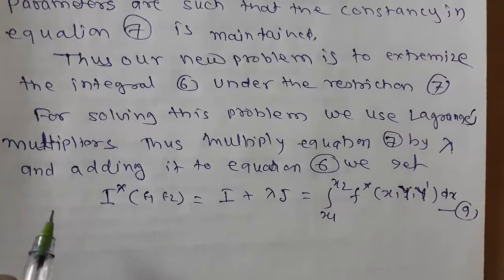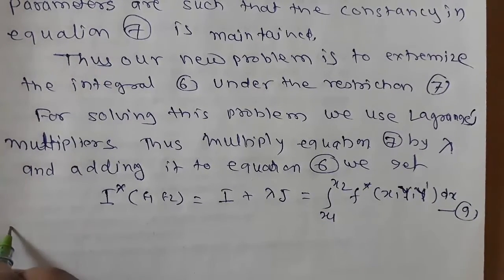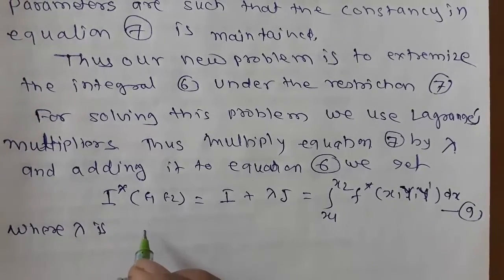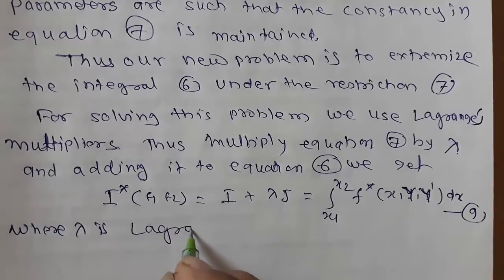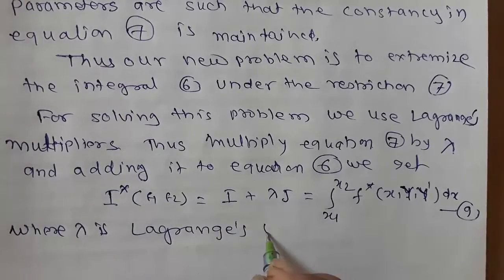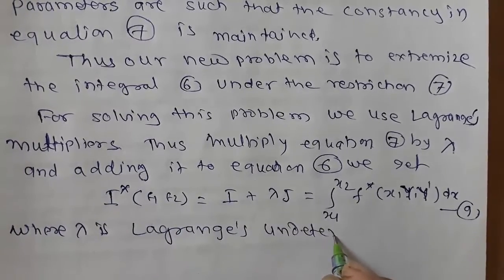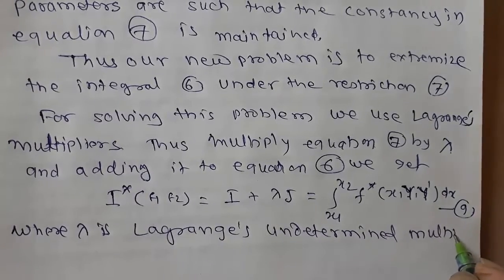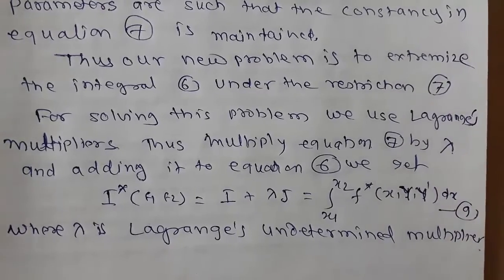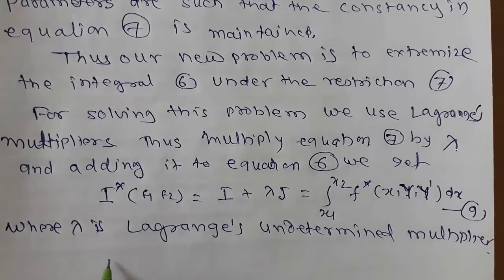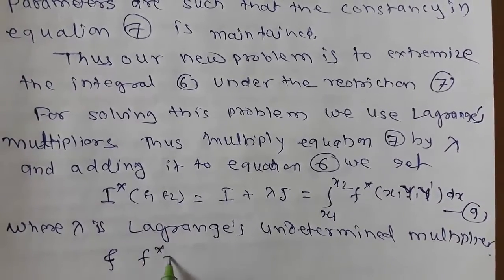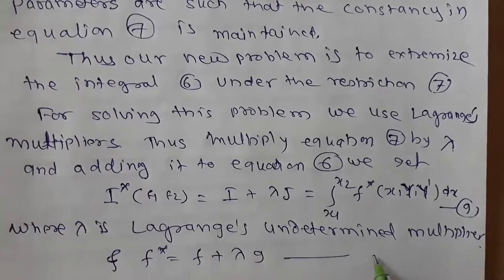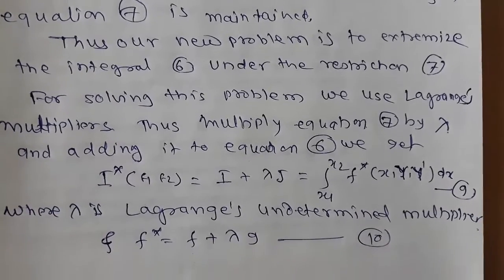where lambda is the Lagrange's undetermined multiplier, and f star equal to f plus lambda g. This is equation 10.